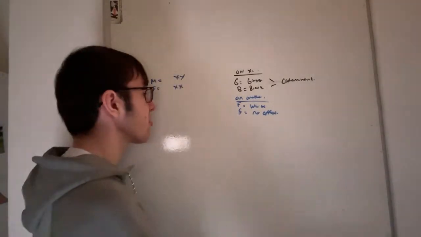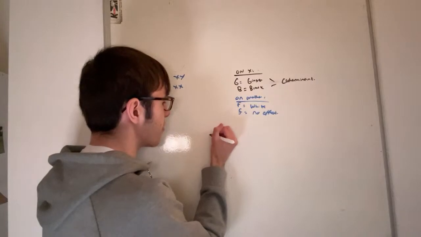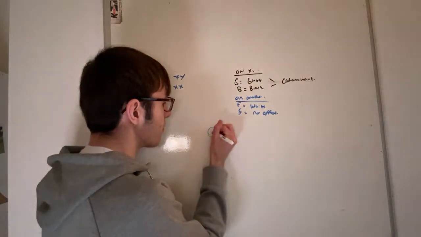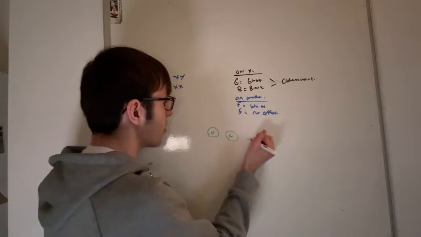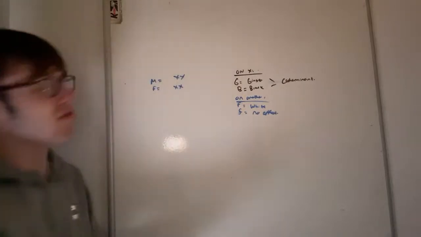Yes, because it's like the example of pumpkins, where one is orange, one is white. What is epistasis? Epistasis is the interaction between genes that affect a phenotype.